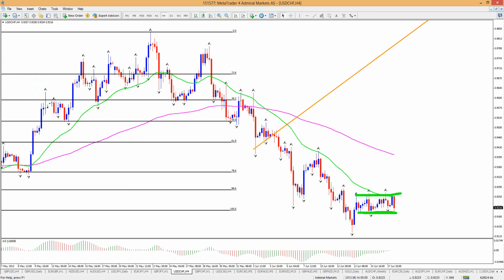So a break of this low could send it lower to this low, and then maybe if we break that after a bounce probably, we could continue again, or we could still see a bigger correction like this, and then maybe downside.